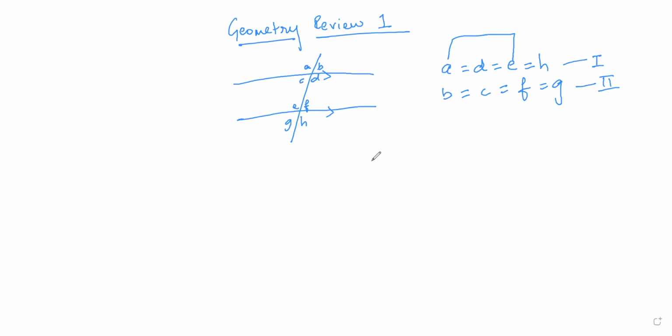Now, obviously, if you take any one from group one and any one from group two, and add them up, you'll see that they add up to 180 degrees. So A and C are adjacent angles, they add up to 180 degrees. A and B also are adjacent angles, they add up to 180 degrees, and so on and so forth.